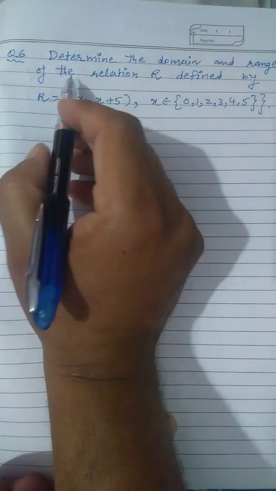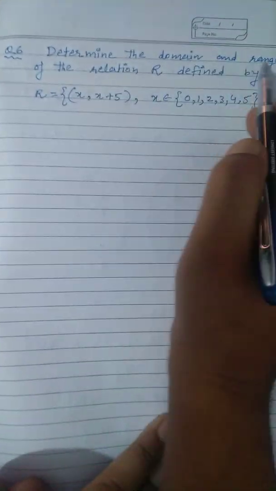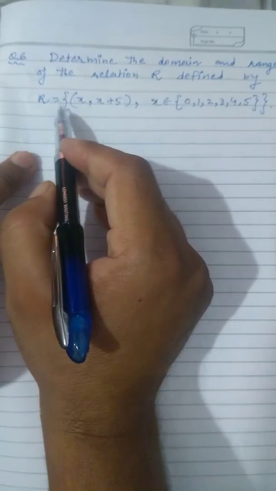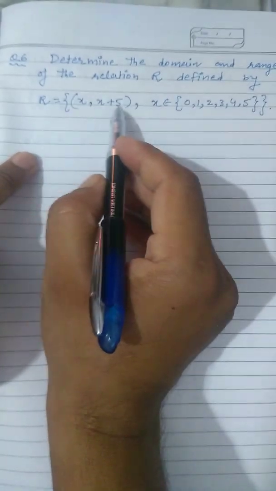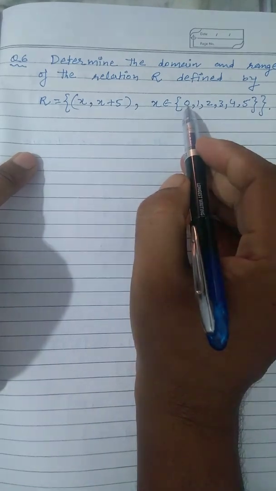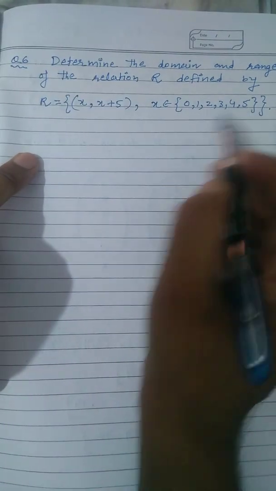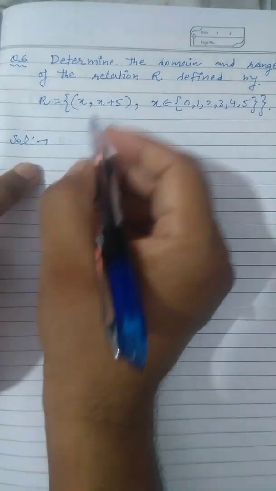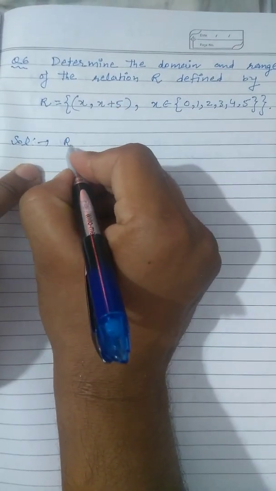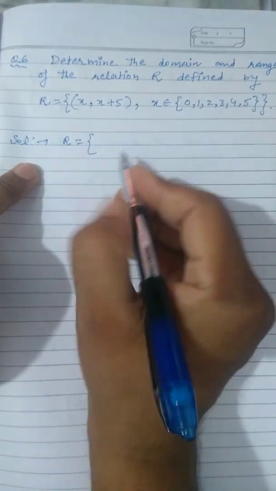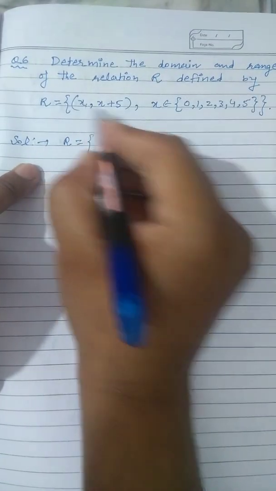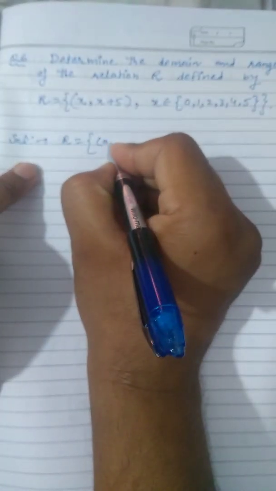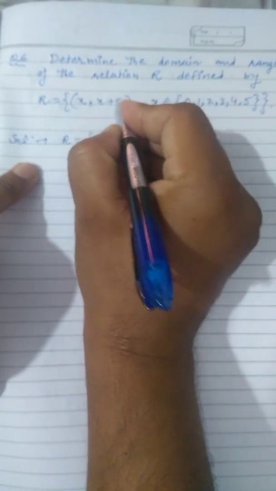Our next question is, determine the domain and range of the relation R defined by R is equal to {(x, x plus 5)}, where x belongs to {0, 1, 2, 3, 4, 5}. So how we can write R? First of all, x is 0, then 0 plus 5.